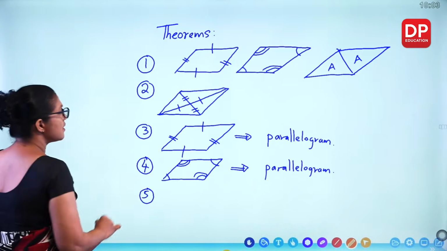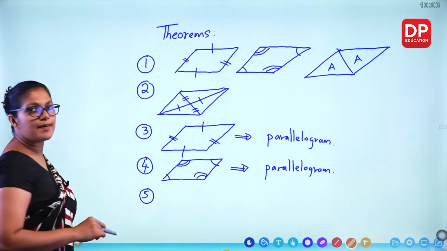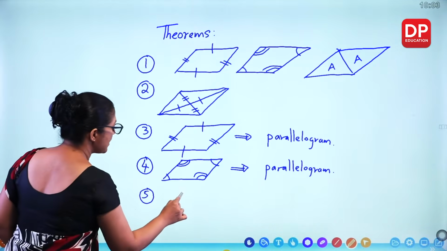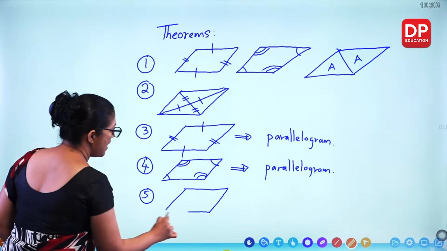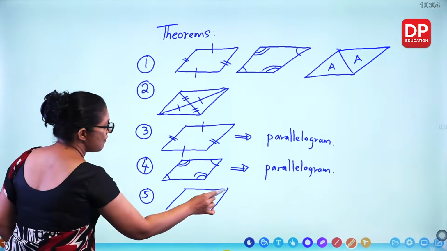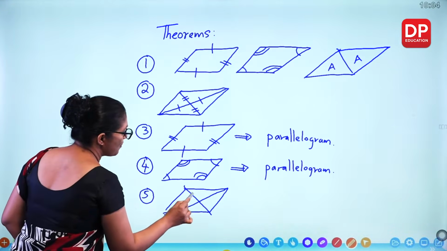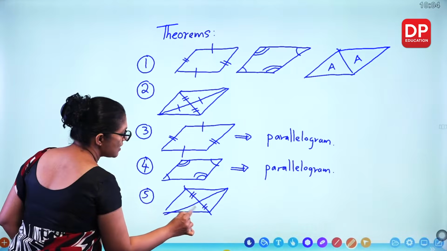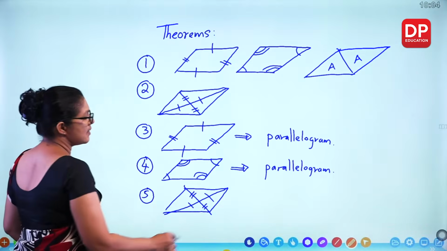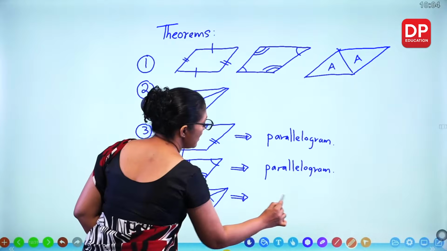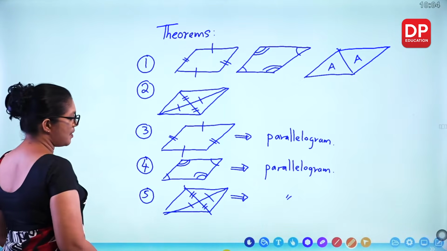Fifth one, converse of the second theorem. In any quadrilateral, if the diagonals bisect each other, then it's a parallelogram.